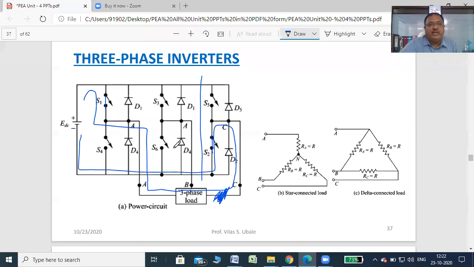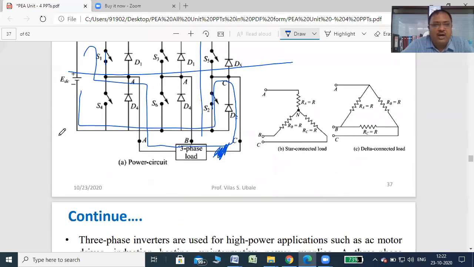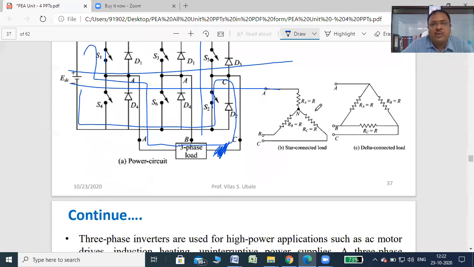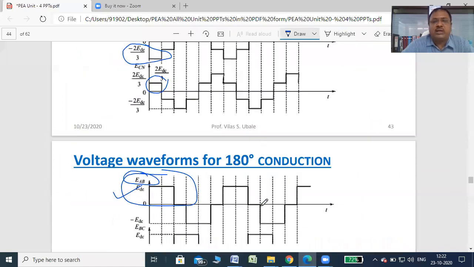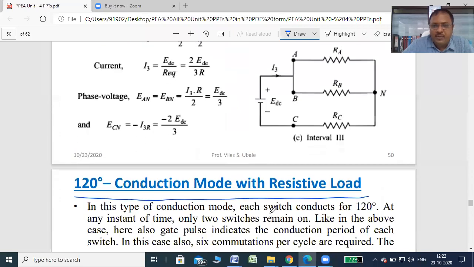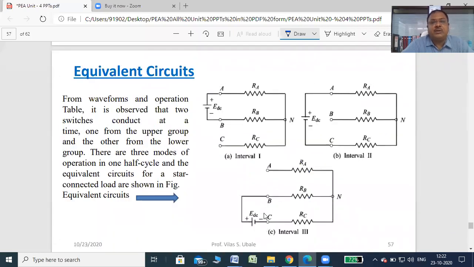At that time phase B is open because no switch from phase B, S3 and S6, is turned on; both remain off, right? So one switch from the upper arm and one switch from the lower arm turns on at a time, so one of the phases is not connected to the load. So the equivalent circuit diagrams, you can check here. Yes, these are the equivalent diagrams, right?